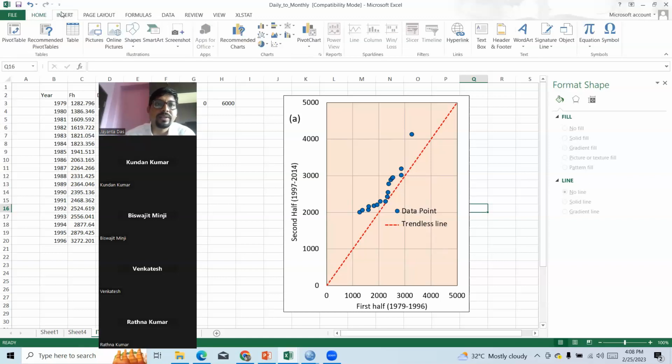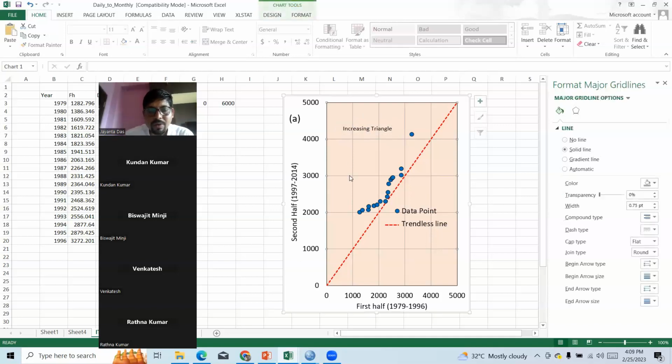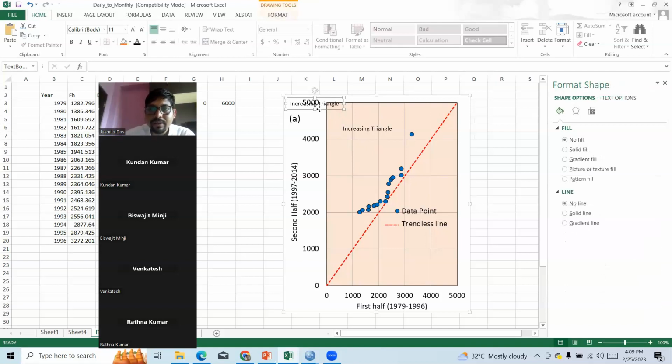Similarly, we can draw it. Text. Increasing triangle. You can copy this one also. Control V. Just place it here.